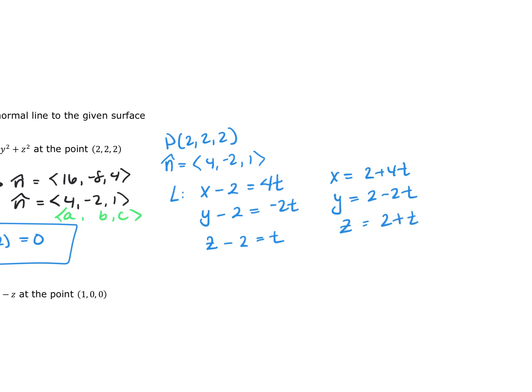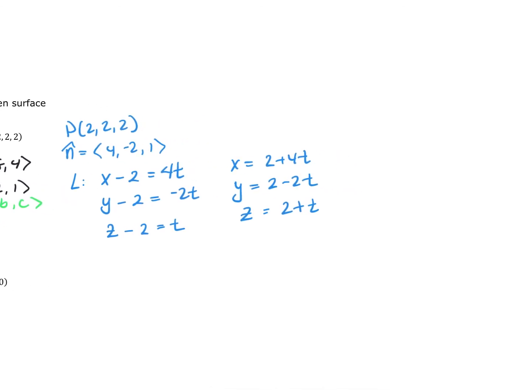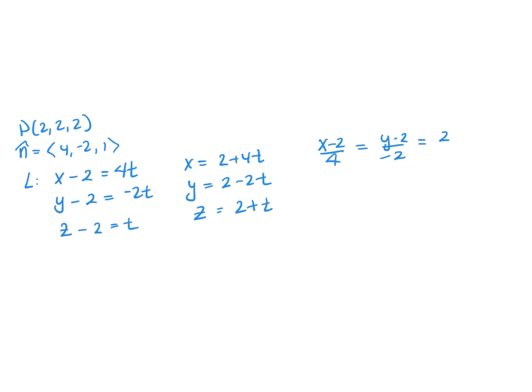And then, of course, the other way that we could write this is the symmetric form, where we solve for t each place. So x minus 2 divided by 4 has to be equal to y minus 2 divided by -2, which has to be equal to z minus 2 divided by 1.